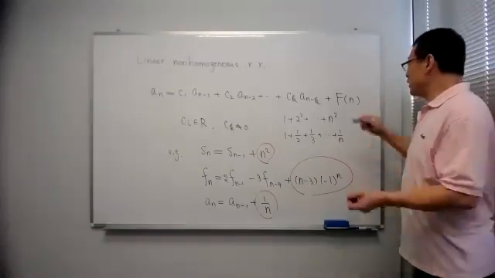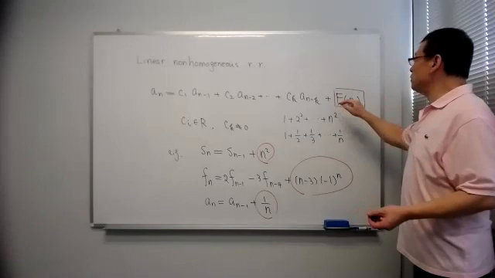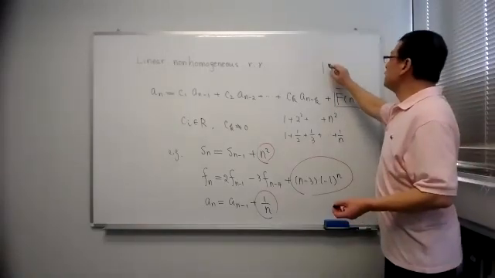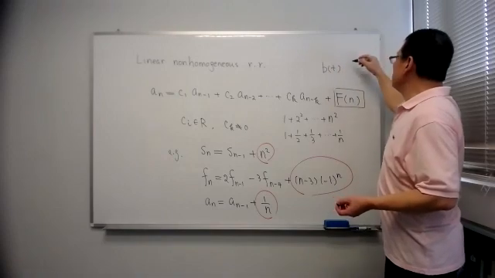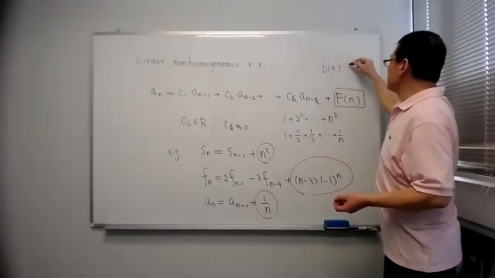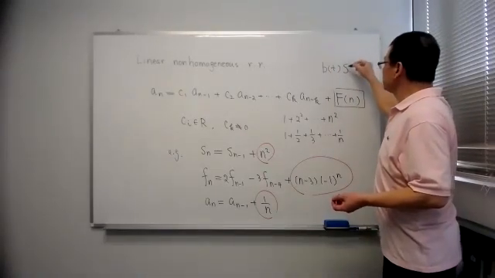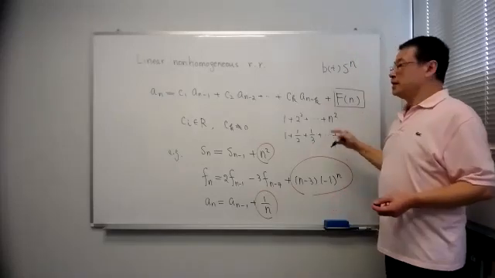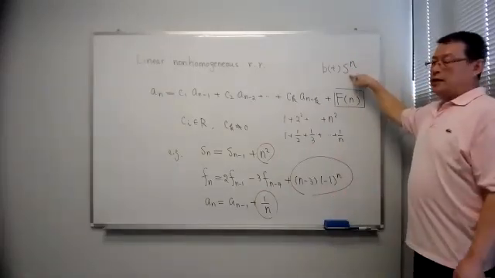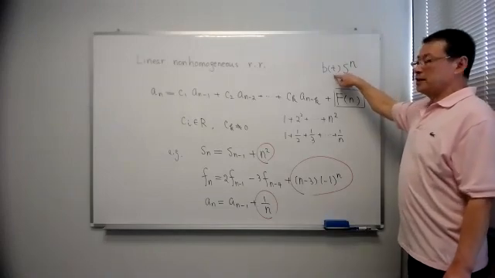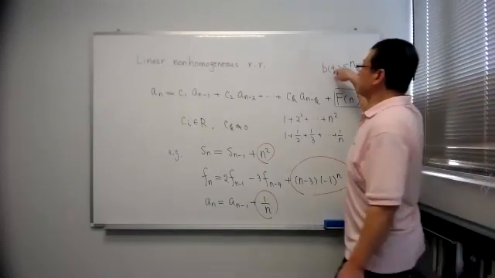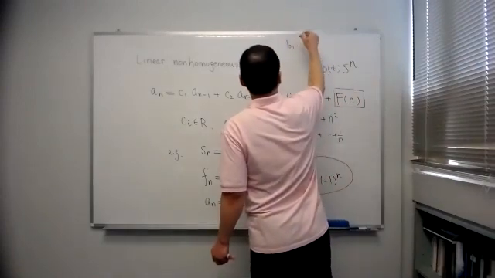Basically, we only know how to solve it when f of n is of the form of a polynomial function times an exponential function. Let's see what notation I use. This part is an exponential function, s is a constant to the power n, and here is a polynomial function.